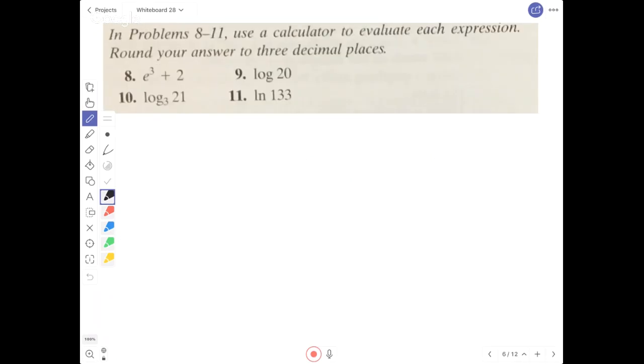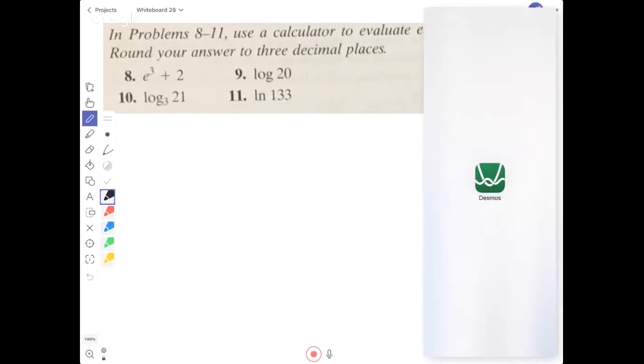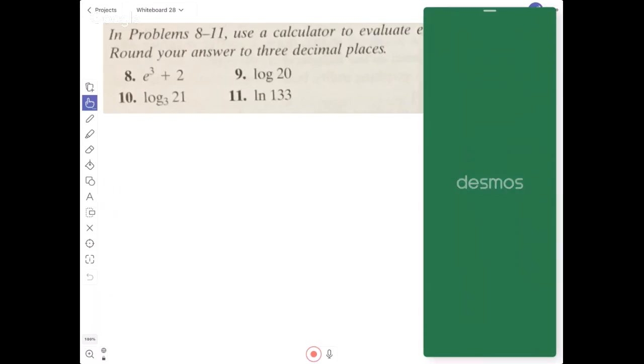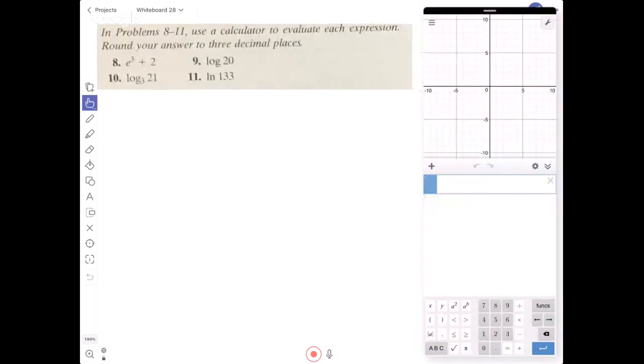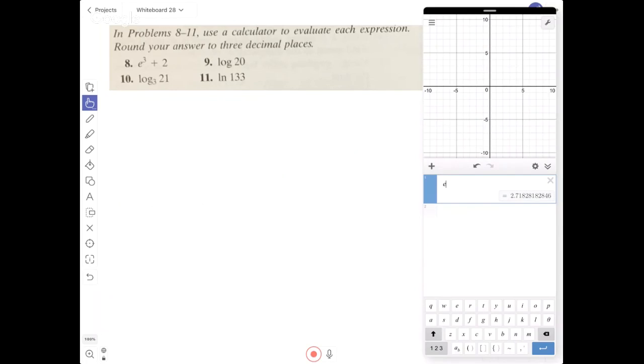Use a calculator to evaluate each expression. Okay. Just so you can see my work, I'm going to use Desmos. Of course, while you're on the core standards test, you will not have access to Desmos. On the extended standards test, you will have access to Desmos. But you could do this hopefully just as well on a scientific calculator.